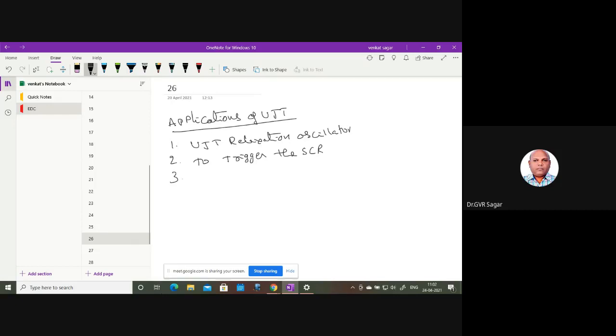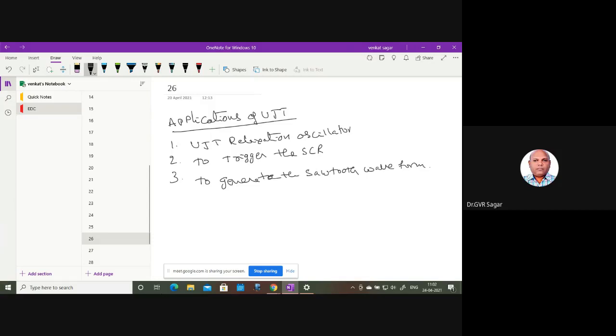Trigger means initiation has to be given. Generally, for an SCR to turn on, we have to make some initiation. That initiation is given by this UJT. It triggers it. And third, to generate the sawtooth waveform.